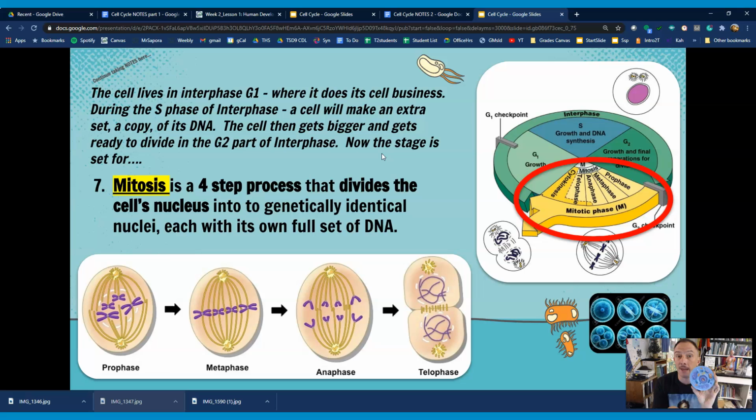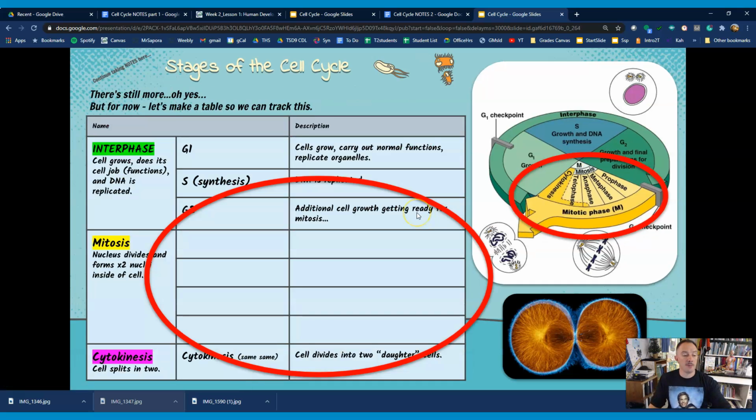It's already copied that DNA during the S phase of interphase, but now it needs to divide it evenly into each side of the new cell, making sure that each side has an exact copy of all of that DNA so that it can do its cell business. You can't leave one little string of DNA behind in this process. So this is what we're going to be talking about.